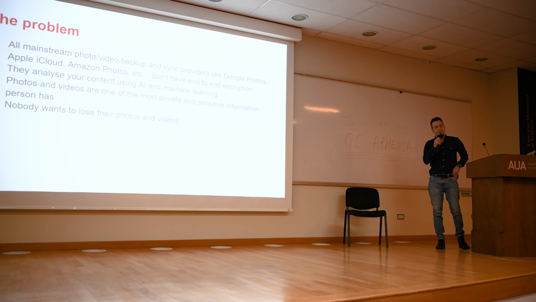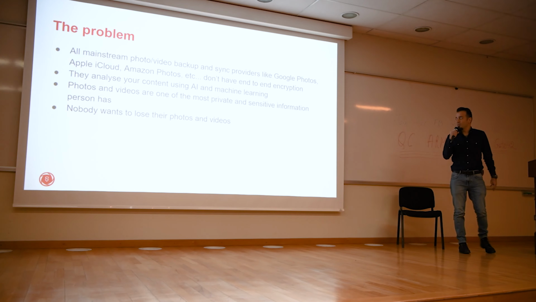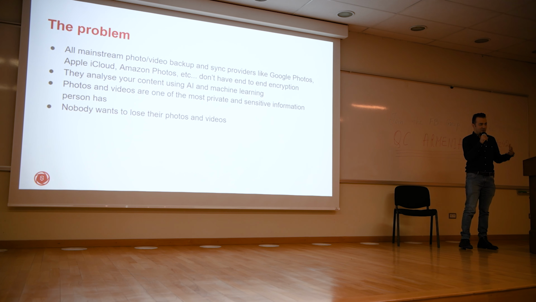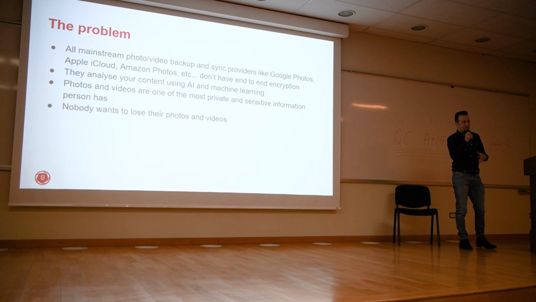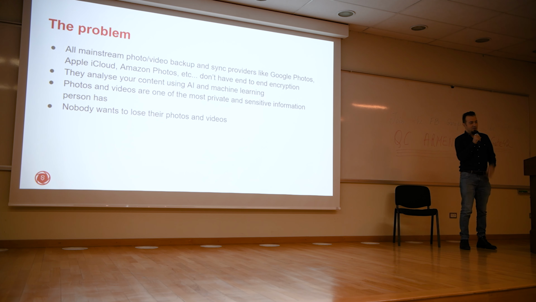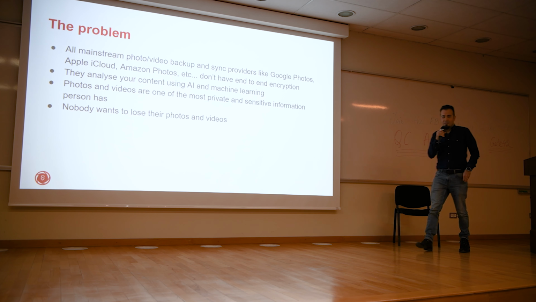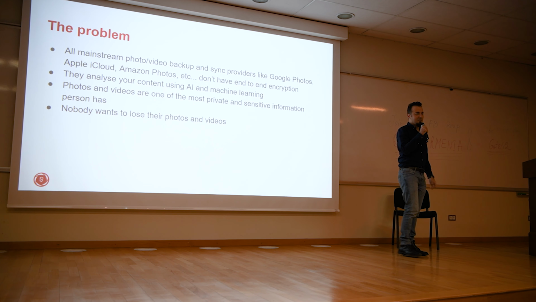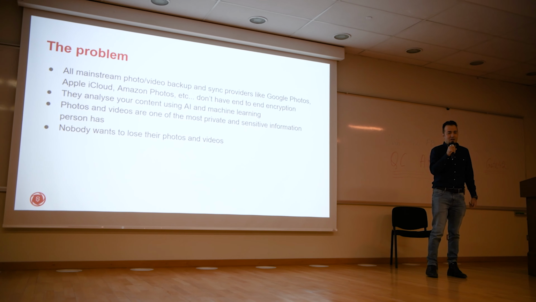But in fact, when you upload all of your content to one of these major providers, they store it in plain, without any kind of end-to-end encryption, and you just give them this information, and they do with it whatever they want.